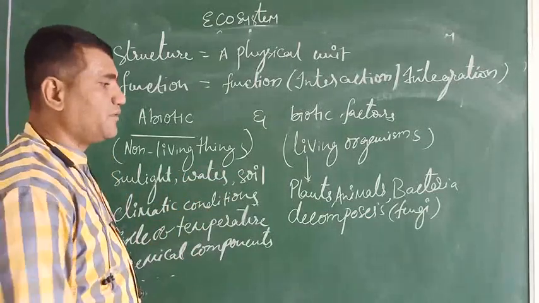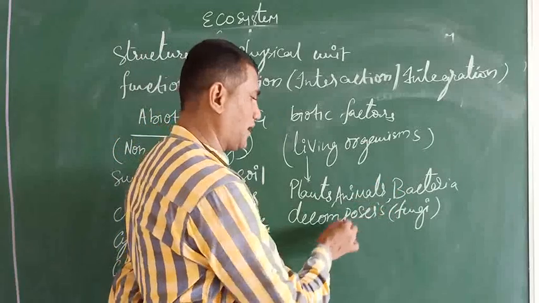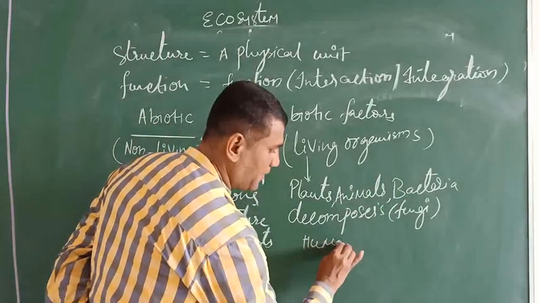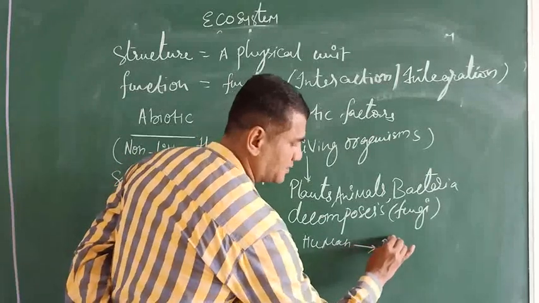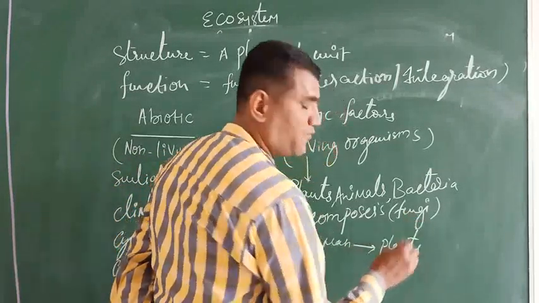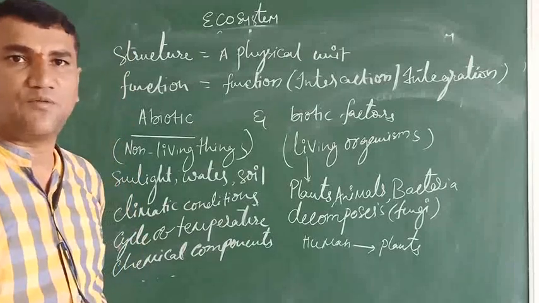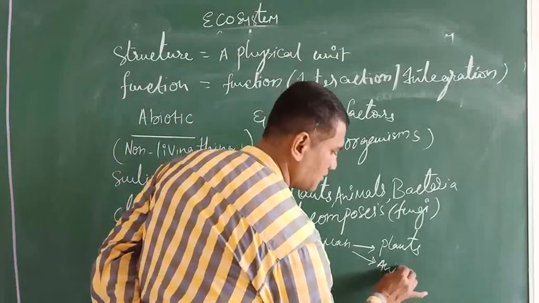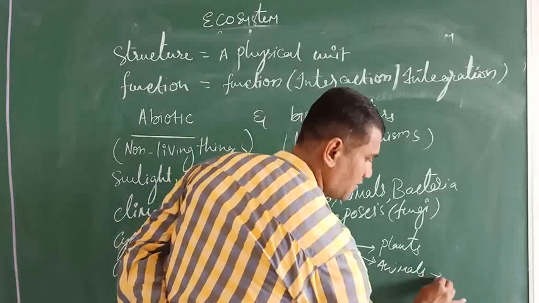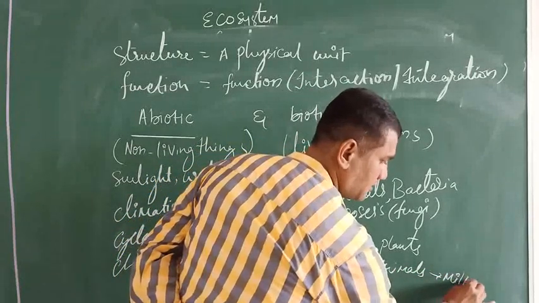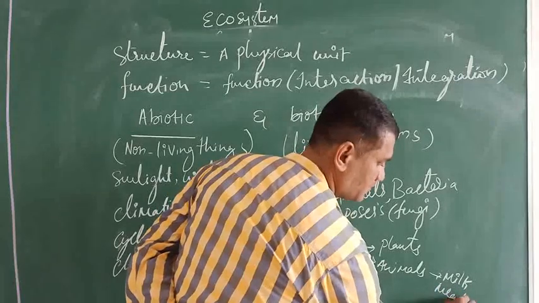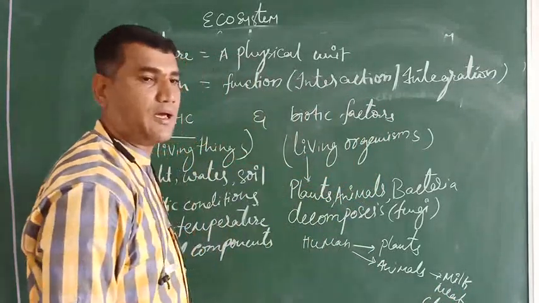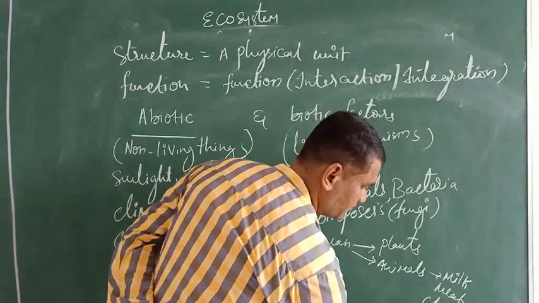You know that humans are dependent on plants for food. Humans are dependent on animals for milk, meat, clothes and domestication.